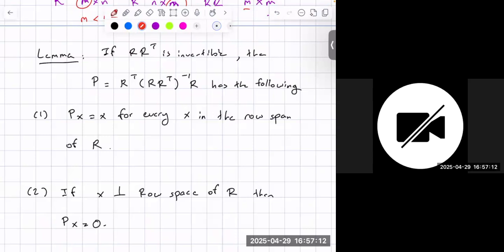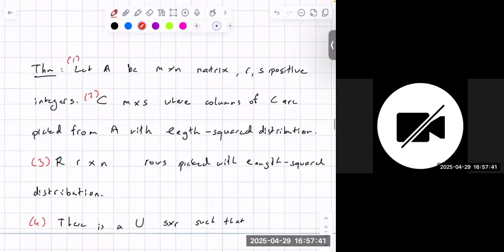So if I'm looking at the row space, this projects down a given vector in that 1,000,000 dimensions onto that 100-dimensional vector space, okay? So this is the projection on the row space of this matrix R. And if you're on that row space already, projection does nothing to you. If you're orthogonal to the row space, projection kills it all, just spits out 0. That's what a projection is, right? It's projecting on the row space. Okay, very good.